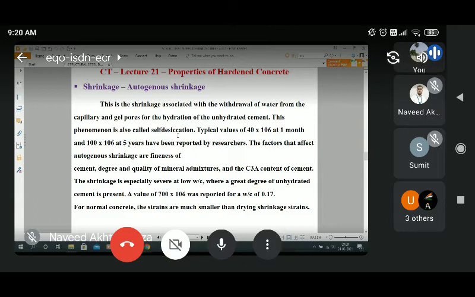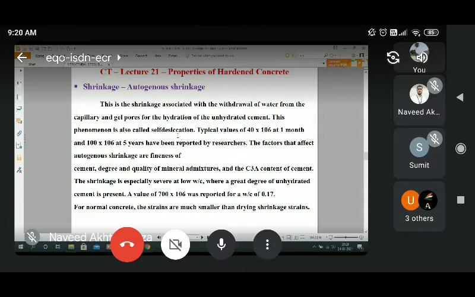A value of 700 into 10 to the power minus 6 was reported for a water to cement ratio of 0.17, a very low water to cement ratio. For normal concrete, the strain, or you can say the deformation, is much smaller than drying shrinkage strains.